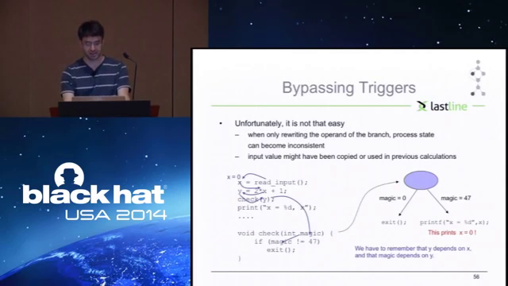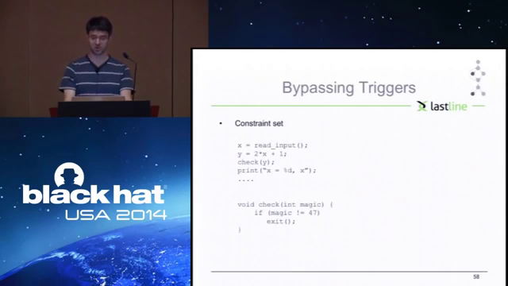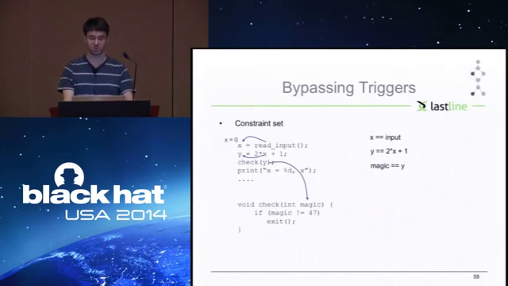So you basically have to track the input in a clever way. Whenever you copy values around after they've been read from the environment and manipulated by the program, you have to remember how they have been manipulated and then adjust them accordingly. We call this a constraint set. You say, okay, x is the input, y is dependent on x, which is dependent on the input, and magic is equal to y.